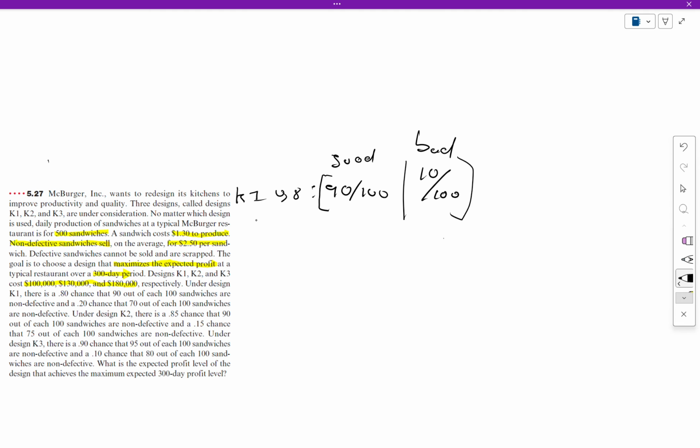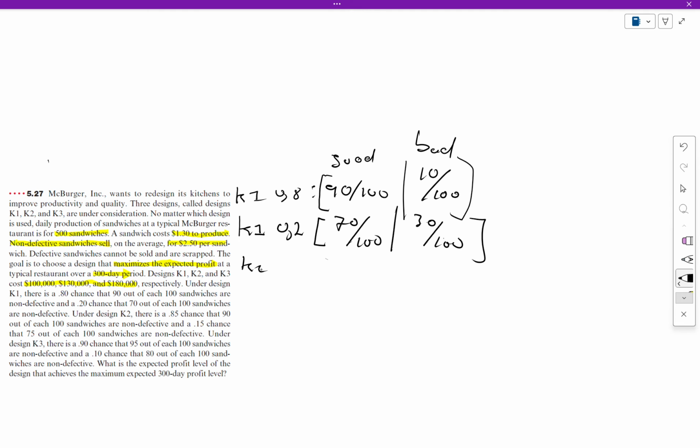And now the same K1 with 0.2 has a chance of 70 out of 100 sandwiches being good. Opposite of that, which is 30 over 100, become bad.